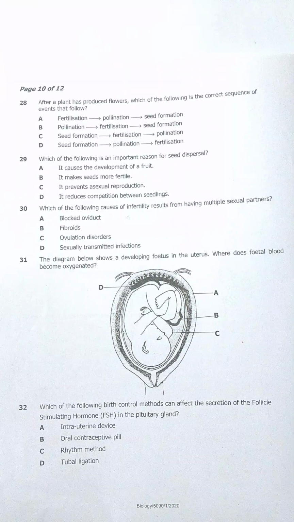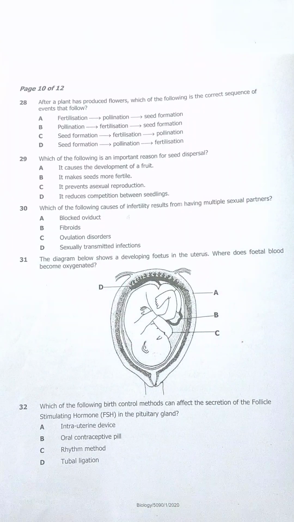Which of the following is an important reason for seed dispersal? It causes the development of a fruit. It makes seed more fertile. It prevents asexual reproduction. It reduces competition between seedlings.